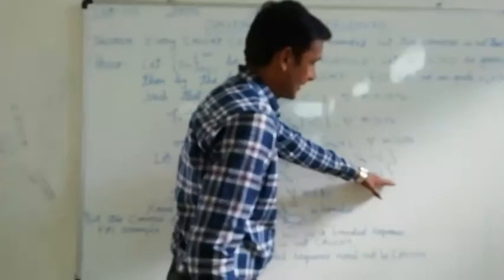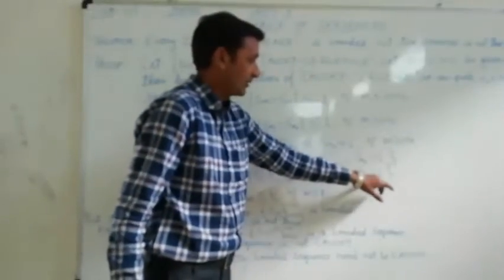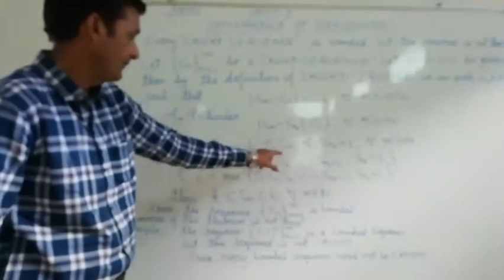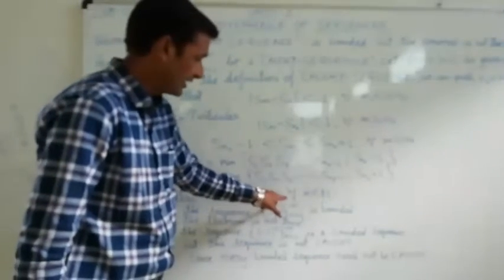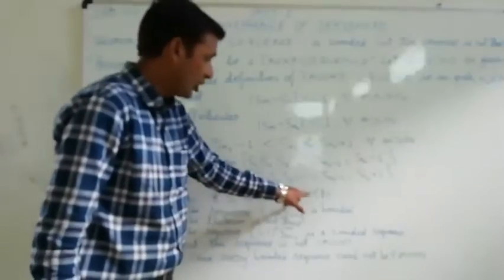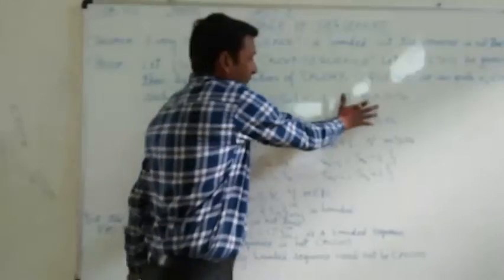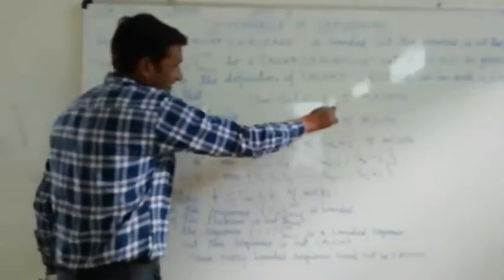So we can assign this as small k and this as capital K. By using these two, we can write small k is less than or equal to Sn is less than or equal to capital K for all n, an element of N. In particular, we have considered only n out of these two.